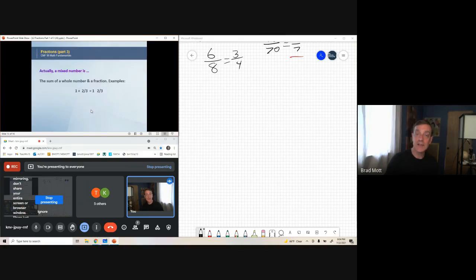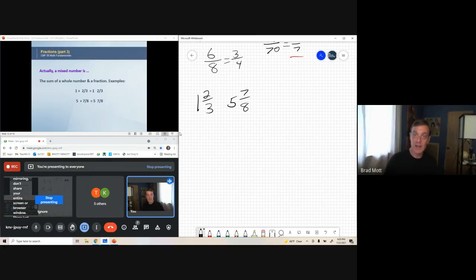So an instance of a mixed number would be 1 is the whole number and 2/3 is the proper fraction associated with the mixed number 1 and 2/3. Okay, so proper fractions, improper fractions, mixed numbers. We're good. Another example would be the whole number 5, proper fraction 7/8.